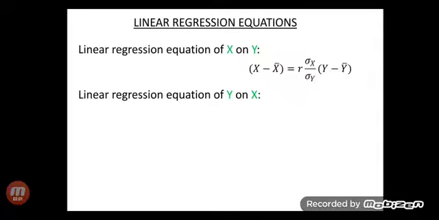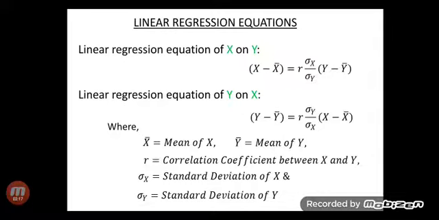The linear regression equation of y on x is y minus y bar equal to r into sigma y by sigma x into x minus x bar, where x bar is the mean of x, y bar is the mean of y, r is the correlation coefficient between x and y, sigma x is the standard deviation of x and sigma y is the standard deviation of y.